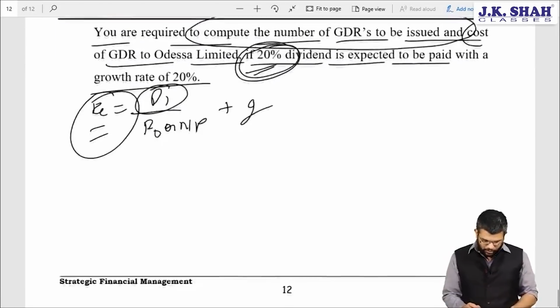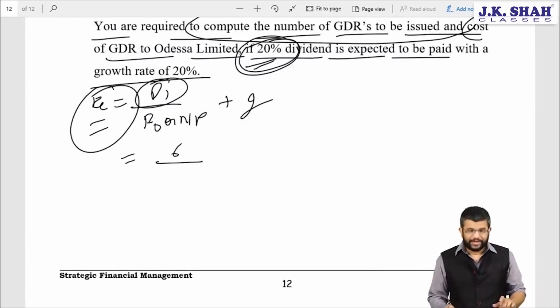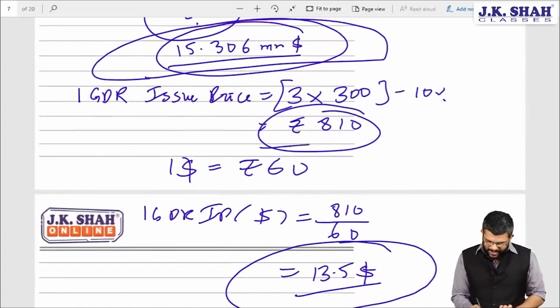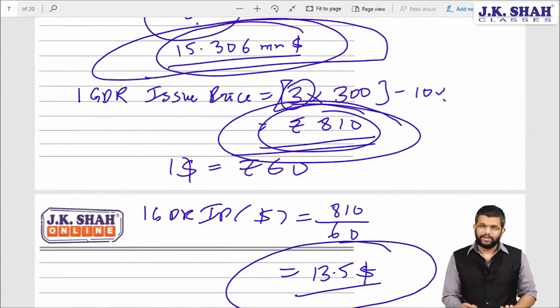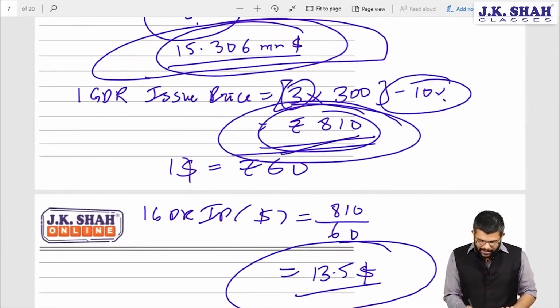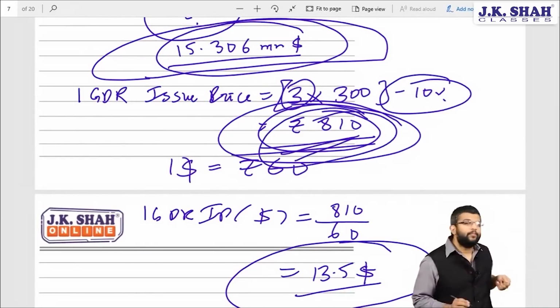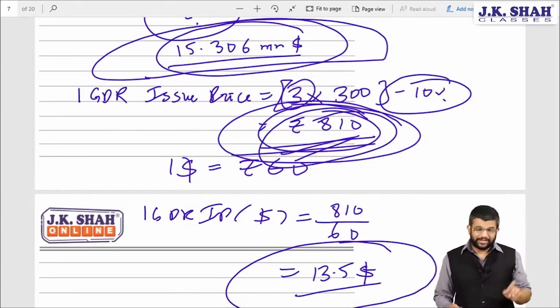So I'll write down here 6 divided by the net proceeds. Net proceeds per GDR: the issue price per GDR is rupees 810 for the 3 shares, considering the discount also. But the 810 will not be entirely pocketed by you, because there is a 2% issue expenditure, the flotation cost given in the question.